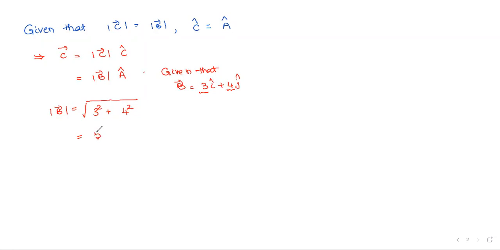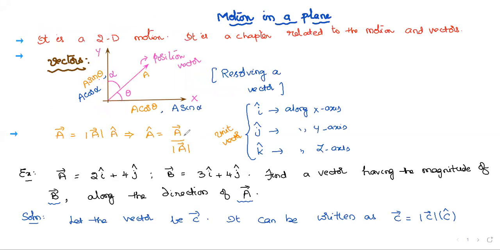Under root 25 is 5. So we are taking the positive value. And here a cap. Yeah. Actually, you asked that question only now: why should I remember this formula, sir? What is the use of remembering that formula? Yes, now you are finding out the use of remembering this formula.